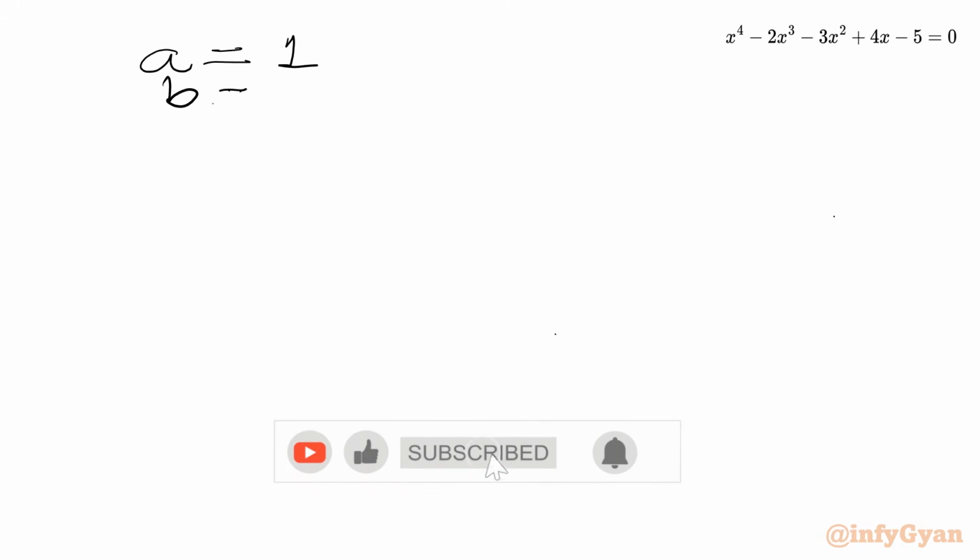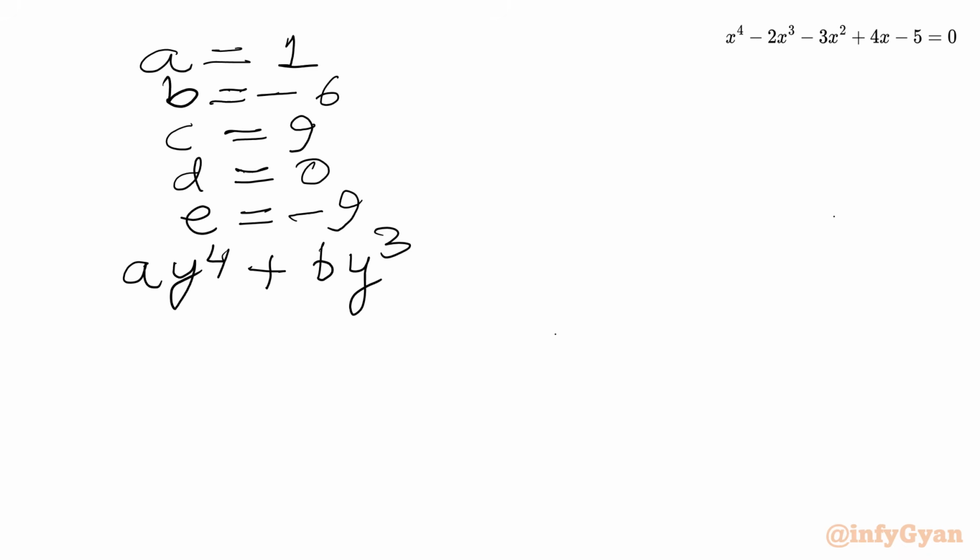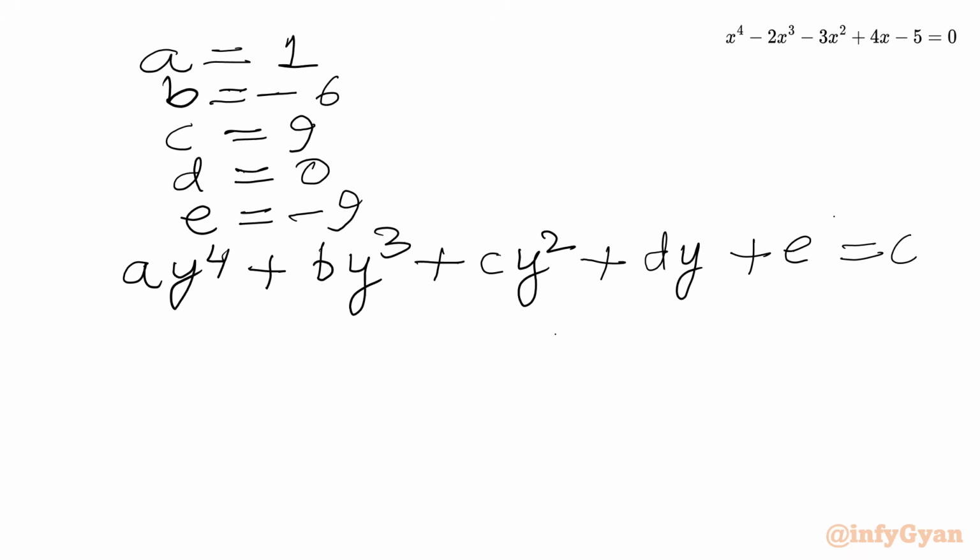Now we have all the coefficients known. Let me write here a equal to 1, b equal to minus 6, c equal to 9, d equal to 0 and e equal to minus 9. Our quartic equation is a y power 4 plus b y cube plus c y square plus d y plus e equal to 0.